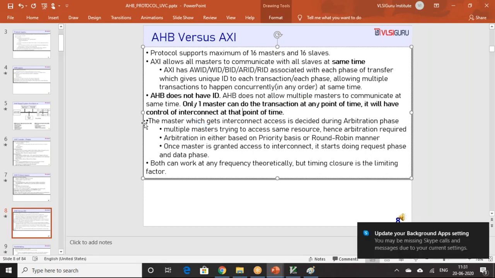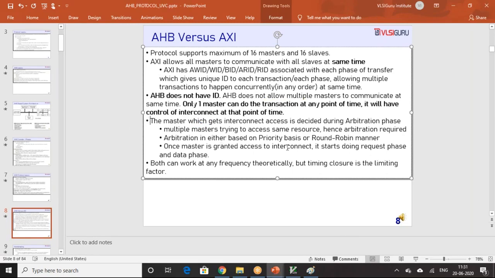The master which gets interconnect access is decided during the arbitration phase. Multiple masters try to access the same resource, hence arbitration is required. We already discussed why arbitration is required. Arbitration is either based on priority or round robin manner.